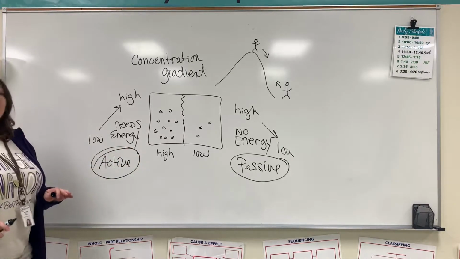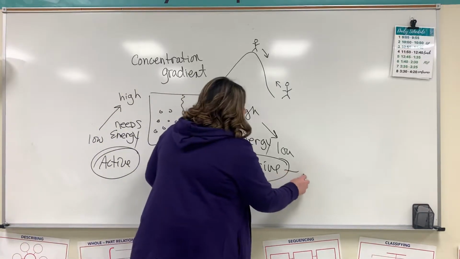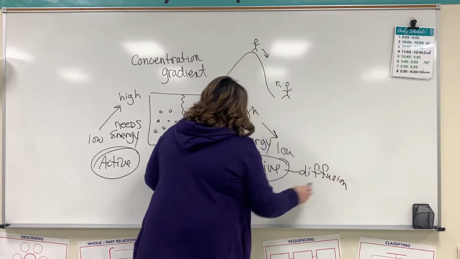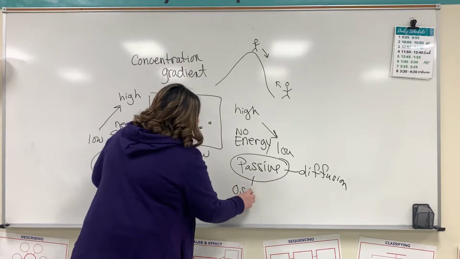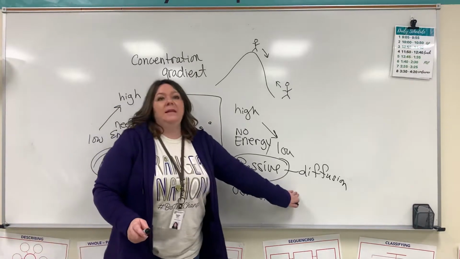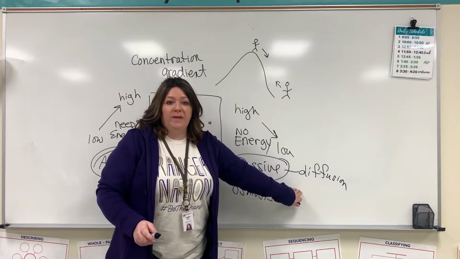Okay, and there's a couple different types of passive transport, and they were diffusion and osmosis. Now, diffusion is anything moving from its high to low concentration gradient without the help of anything else.